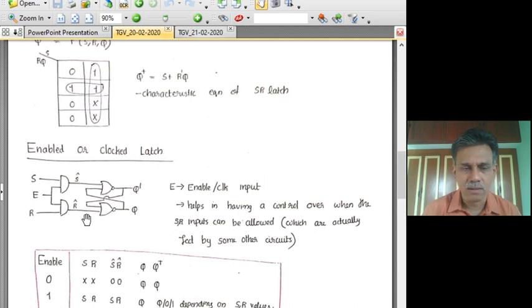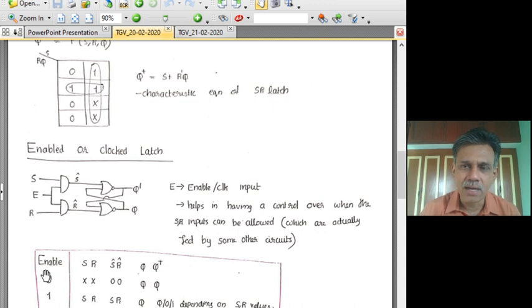Similarly for R. So that is why these are called, in a literal sense, gates or enablers. So E basically enables this latch to work when it is 1, and when it is 0, it disables. So we can write down the truth table for this enabled or clocked SR latch.